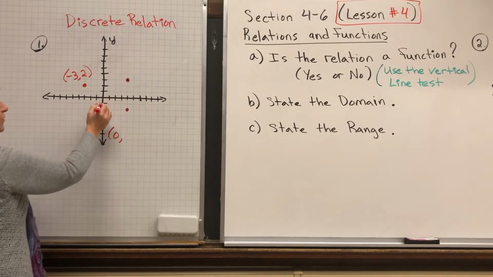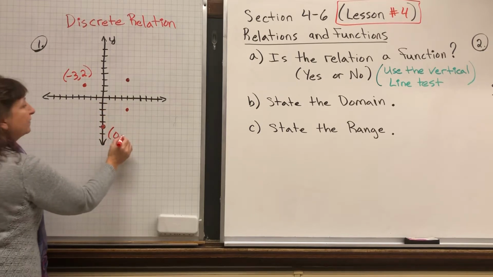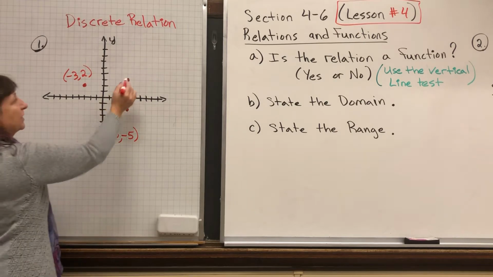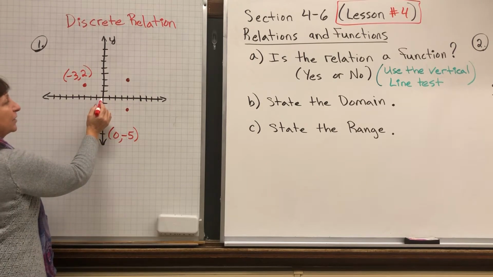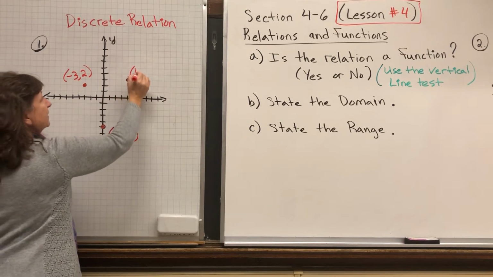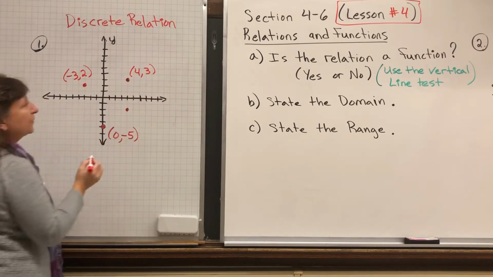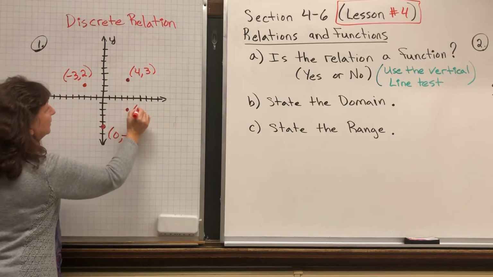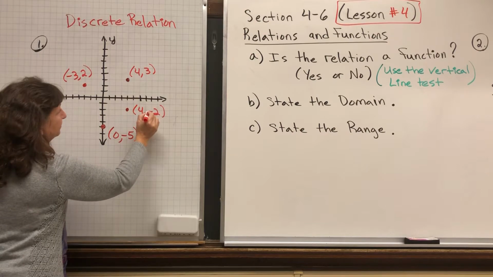And then I go down 1, 2, 3, 4, 5. So down 5. Let's go to this point here, starting again at the origin. 1, 2, 3, 4, and then up 3. So right 4, up 3. And with my last point here, right 4, and then down 2.